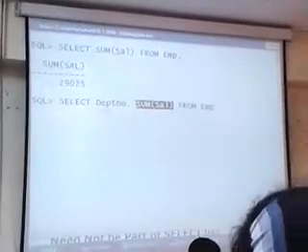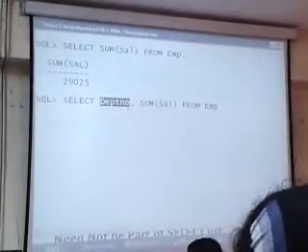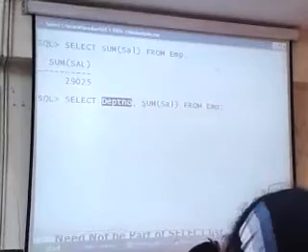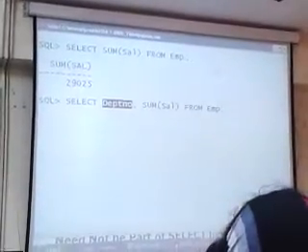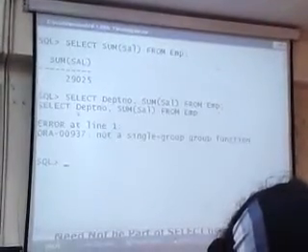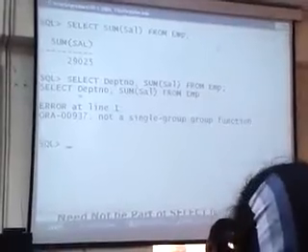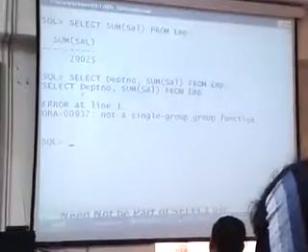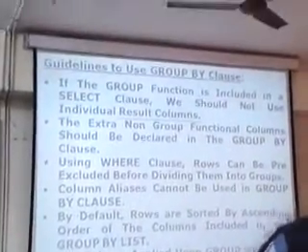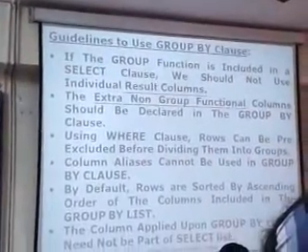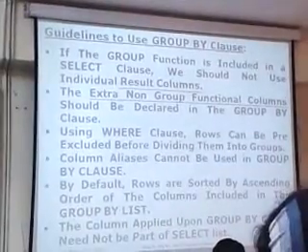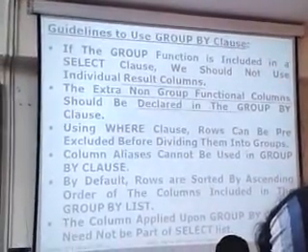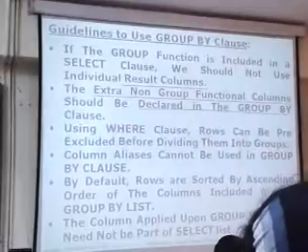And this department number, in the normal case, is going to give you how many granules of data? 14 granules of data. It never matches with the process, so it gives an error. This is what we know from yesterday's experience itself. In these cases, you watch carefully. If any extra non-group functional columns are to be declared, then we have to keep them in the group by clause.